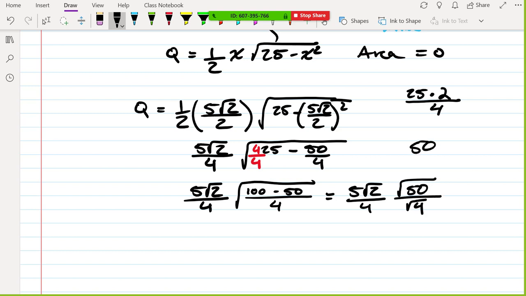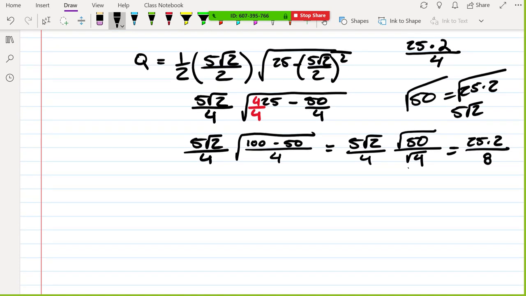So 50 is 25 times 2, so the square root of 50 is going to be 5 square roots of 2. So 5 square roots of 2 times 5 square roots of 2 is going to be 25 times 2, all over the square root of 4, which is 2, 4 times 2 is 8. So finally, we would get 25 over 4. So that's going to be our maximum area, 25 over 4.